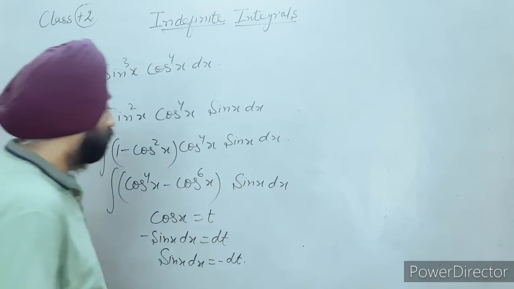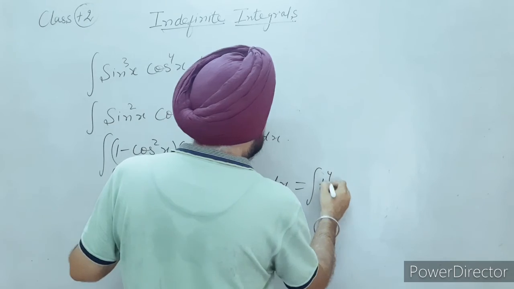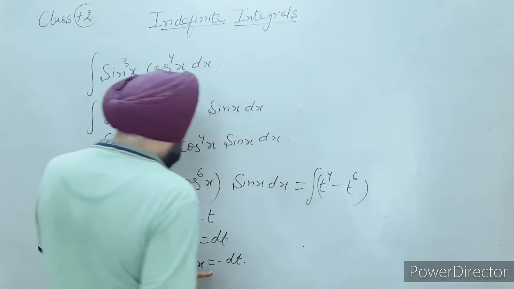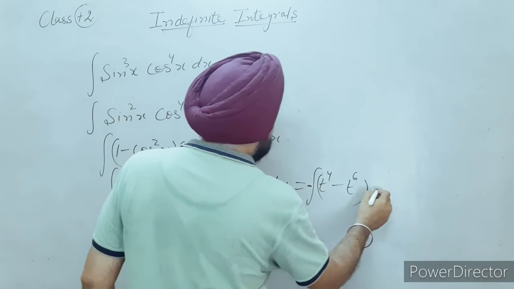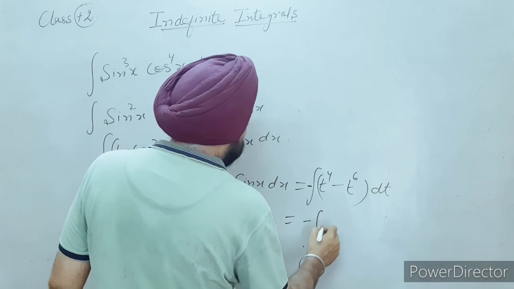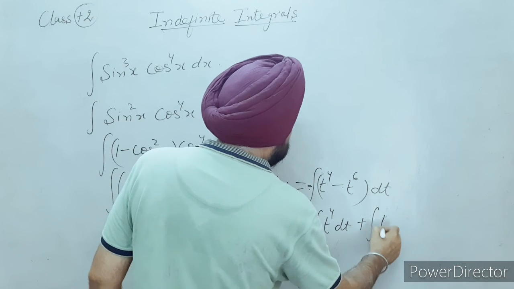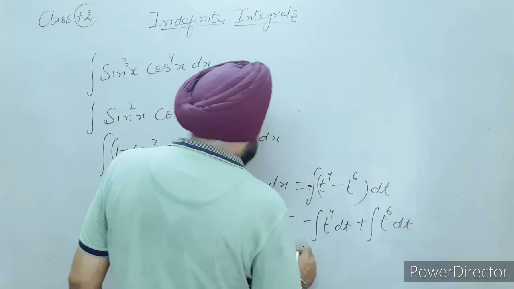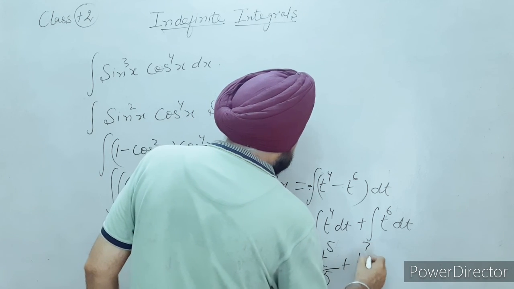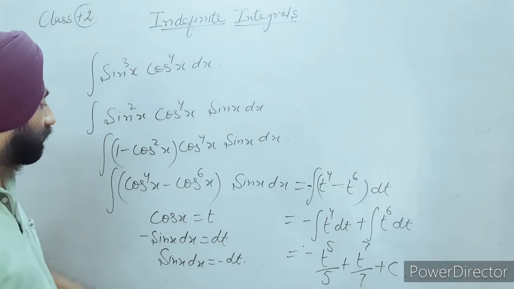So my sum becomes t to the power 4 minus t to the power 6 into minus dt. It becomes negative t to the power 4 dt, minus minus becomes plus t to the power 6 dt, and now I will simply integrate and get my answer, where t is equal to cos x.